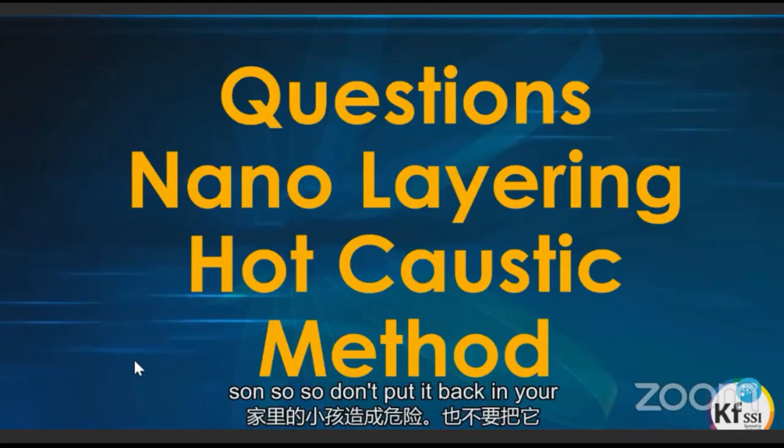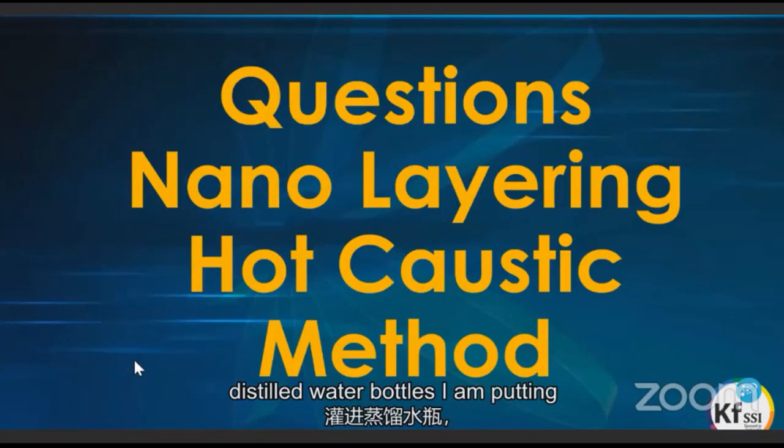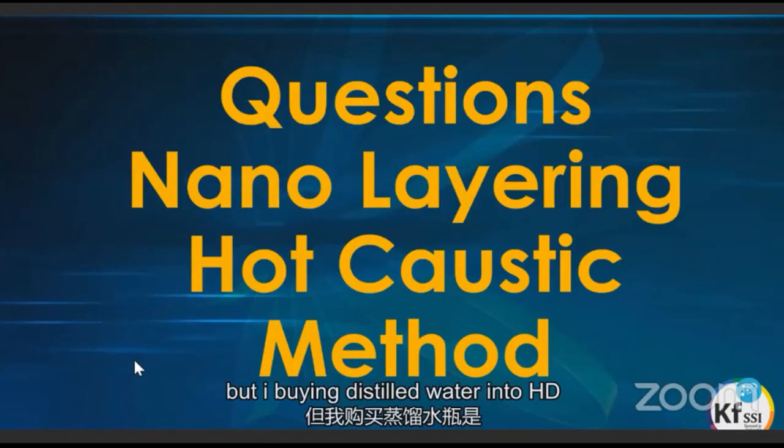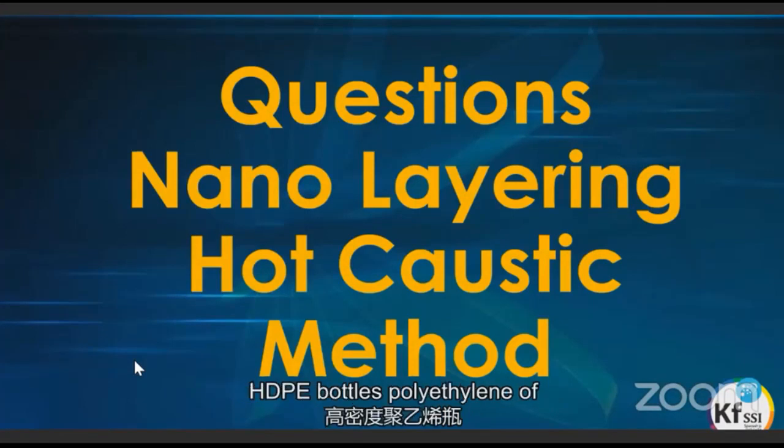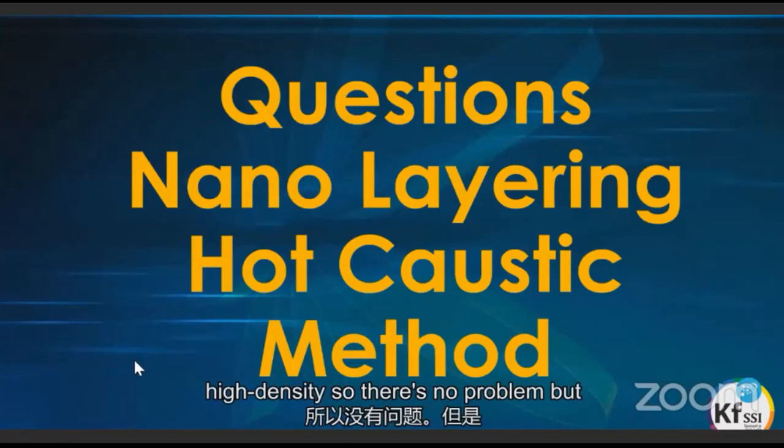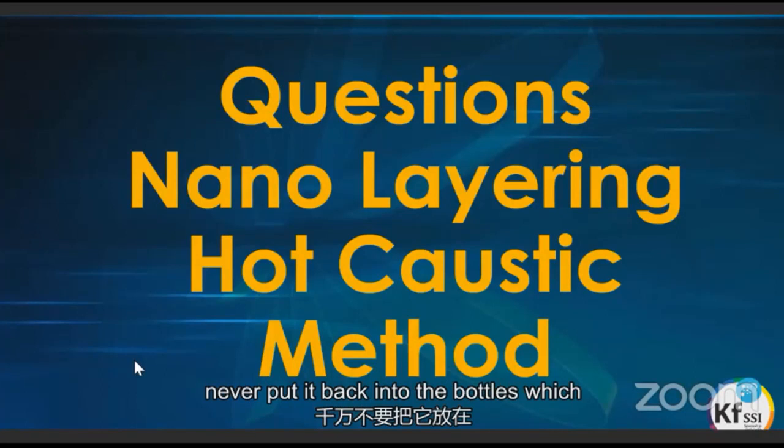So don't put it back in your distilled water bottles. I'm putting it back in my distilled water bottles, but I'm buying distilled water in HDPE bottles, polyethylene of high density. So it's no problem, but never put it back into the bottles which are made of PET.